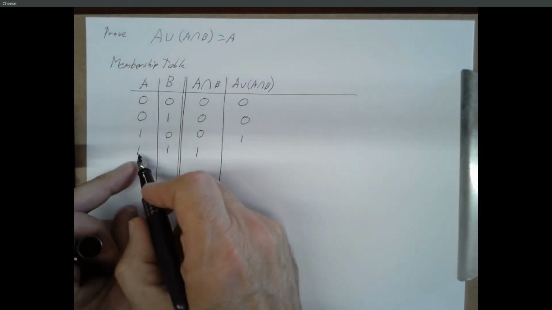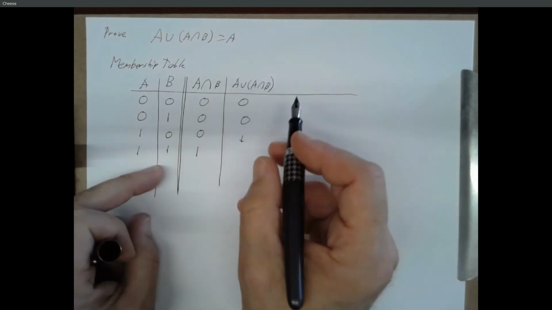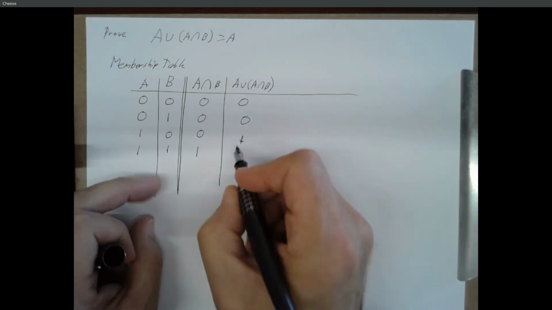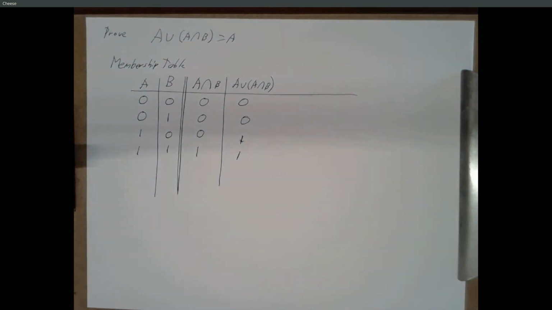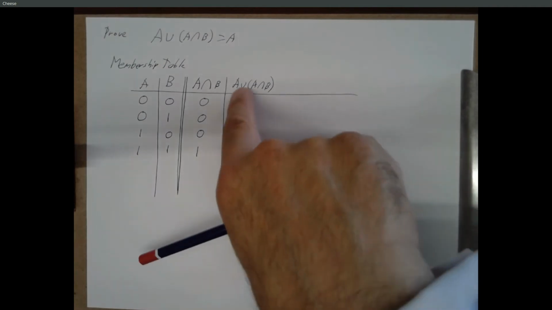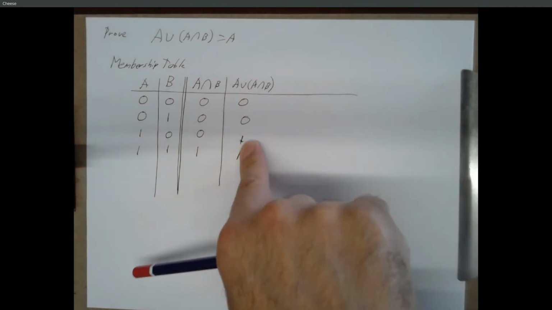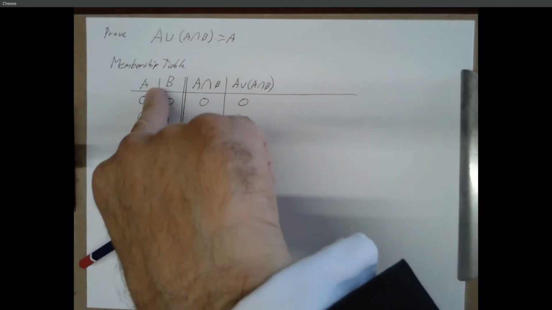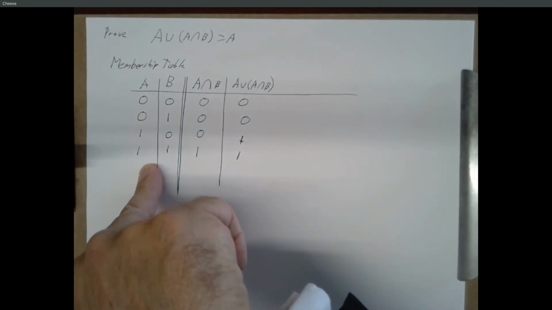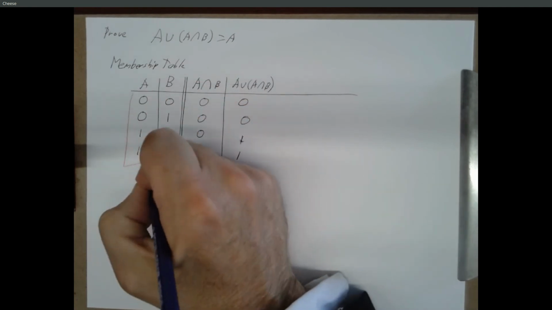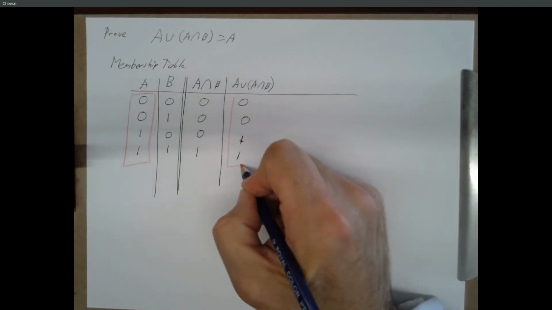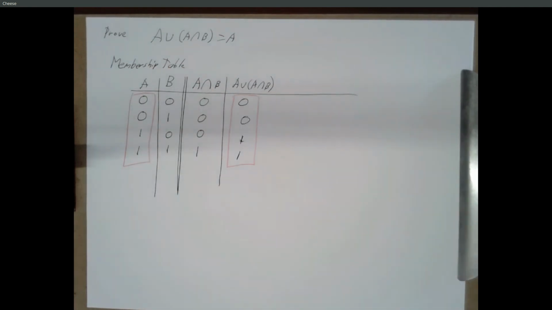Yes. And if it's in A and it's in the intersection, it's definitely in the union of those. So for any element we pick, that element will belong to A union A intersect B exactly when that element belongs to A. Right? Because these and these are exactly the same values for all elements in the universe.